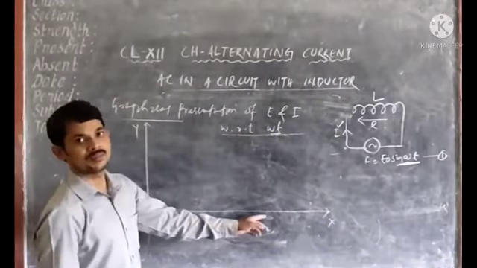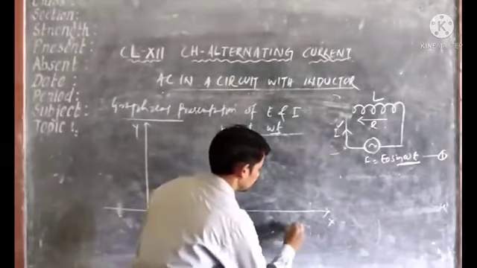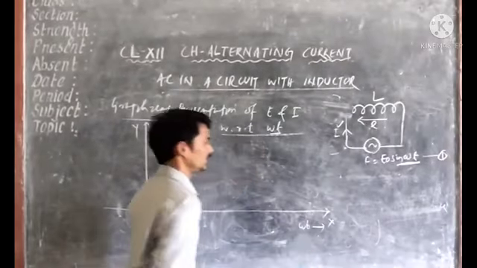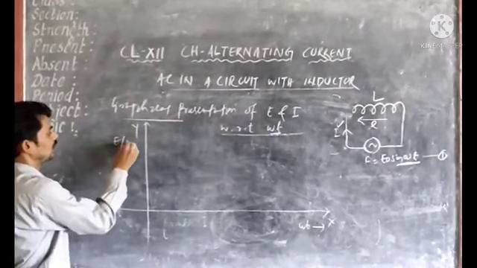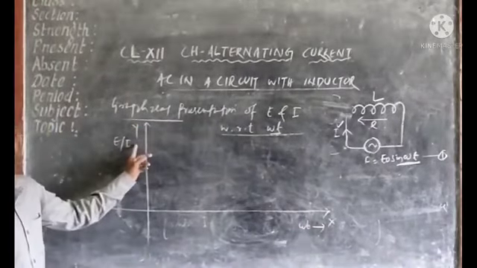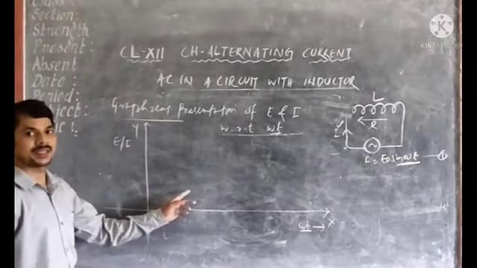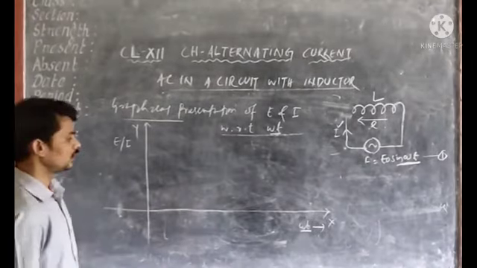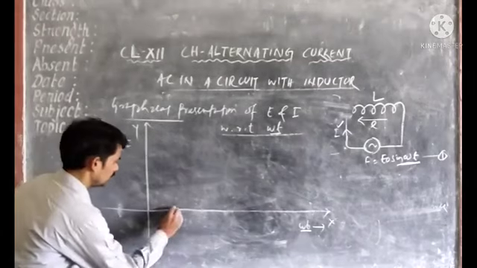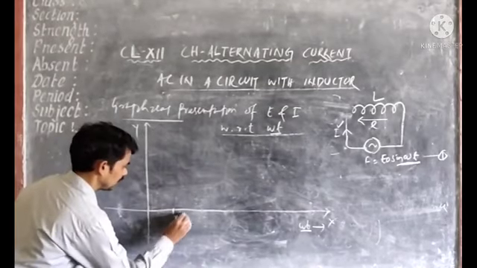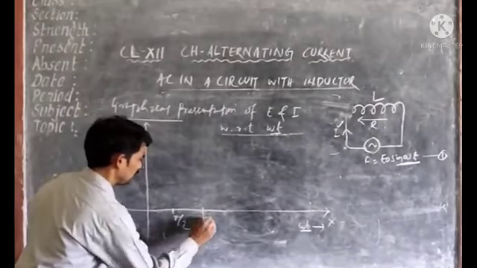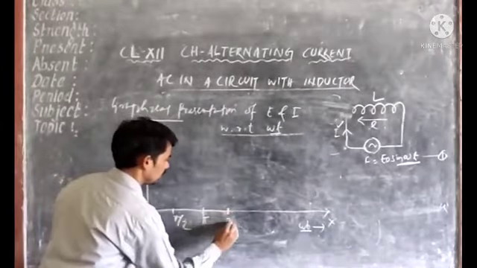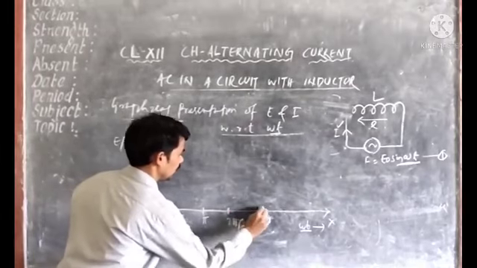On the x-axis, we will take the phase angle omega t, and the alternating EMF or current will be taken on the y-axis. For one complete cycle, let's represent the phase angle: first pi by 2, then pi, then 3 pi by 2, and then 2 pi.